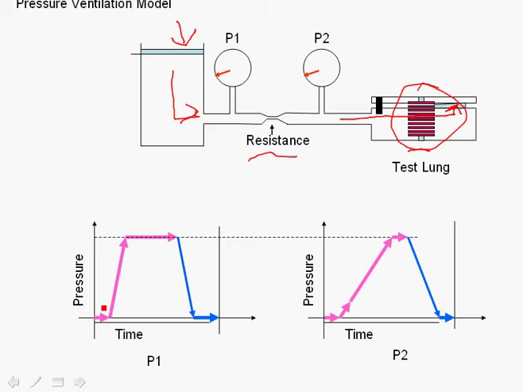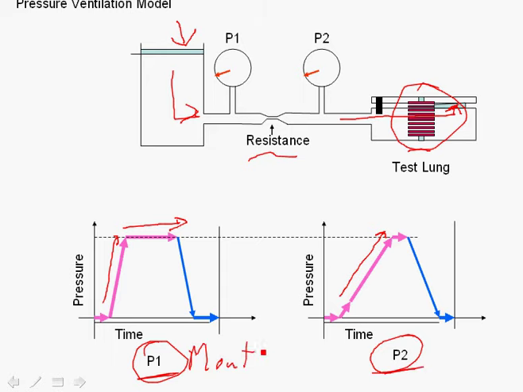We're going to look at this relationship of forcing a pressure gradient, holding that pressure on the test lung, and see until there's equilibrium between the mouth pressures and the alveolar pressures reflected by P1 and P2. These are your mouth pressures, and these are considered to be your alveolar pressures, or your AL pressures.